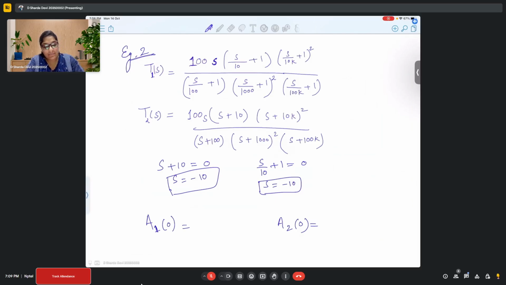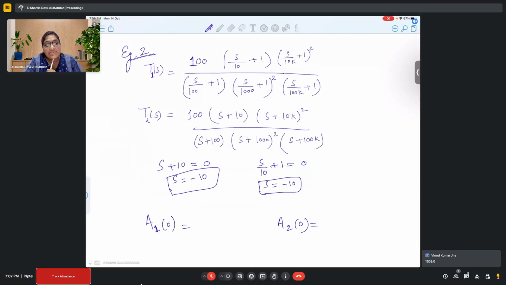Okay, so here because of this S, let's say I remove this. Then in that case, we'll have 100. Yeah, in that case, we'll have a different value.